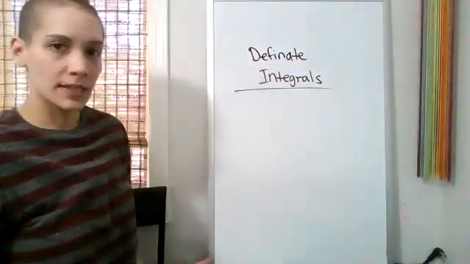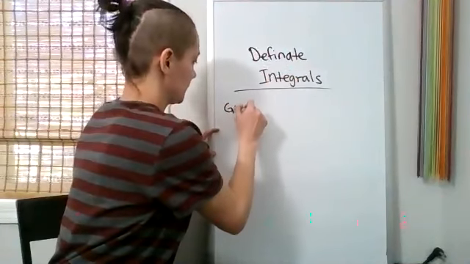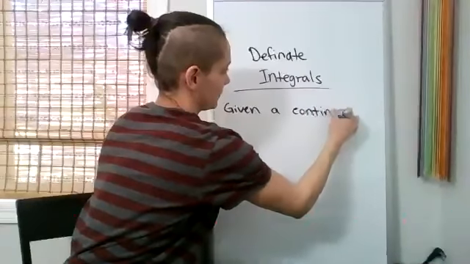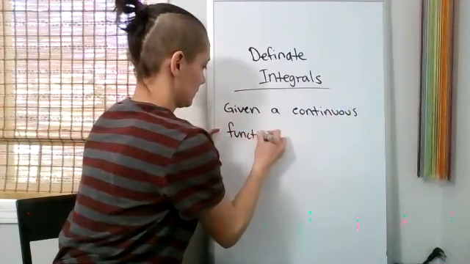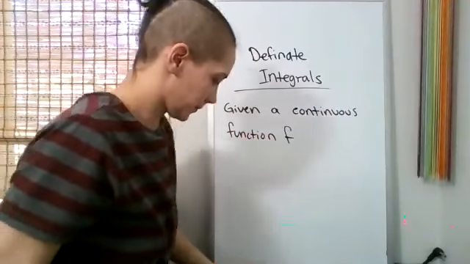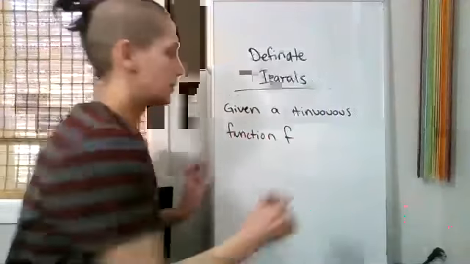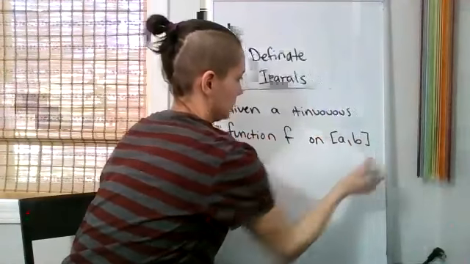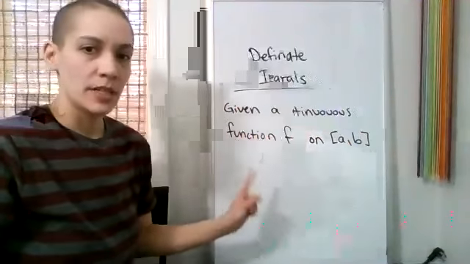Okay, so given a continuous function f on an interval [a, b], we create a partition P.